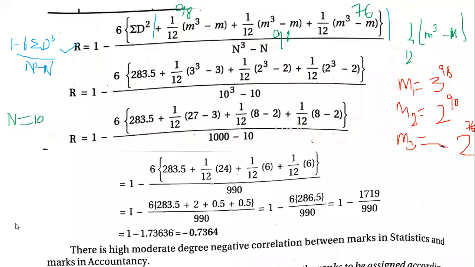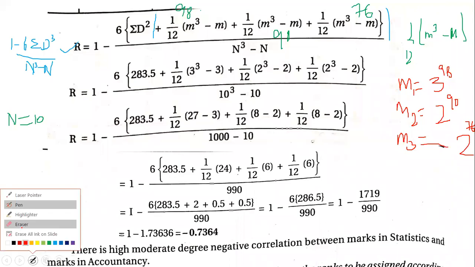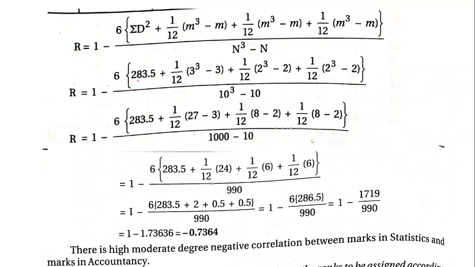Okay, let me erase everything out. I will write afresh. So sigma d square is 283.5 plus 1 by 12 into how many times the numbers are repeated, so many times you have to take the m. So first scenario, this is for 98. Let us consider that as m1.